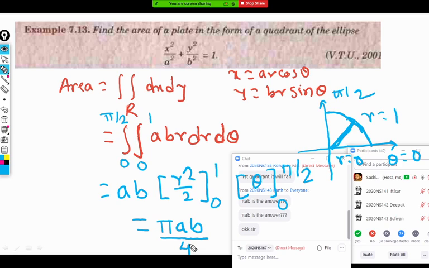Once you complete, tell me, so that we can move to one more example.